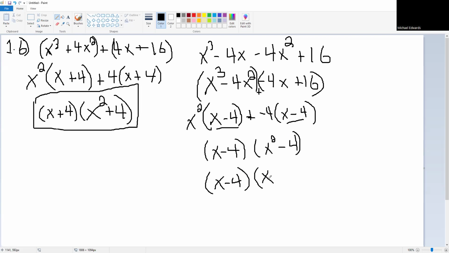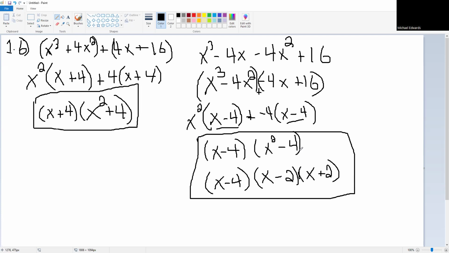You can say x minus 2 and x plus 2. And I think there's a formula in a couple of chapters ago that would show you how to do that. I'll accept either one of these because I understand that you did the work correctly once you get to this point.